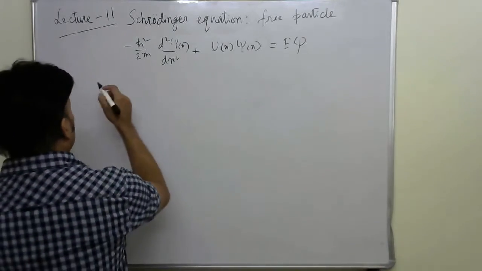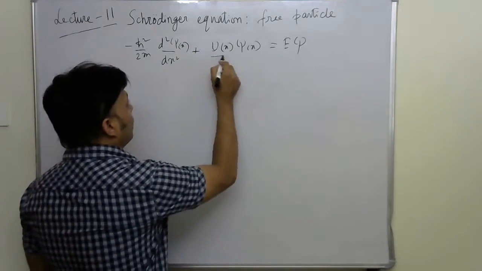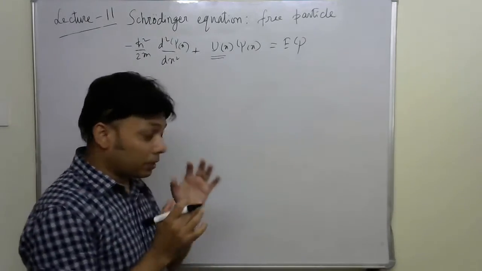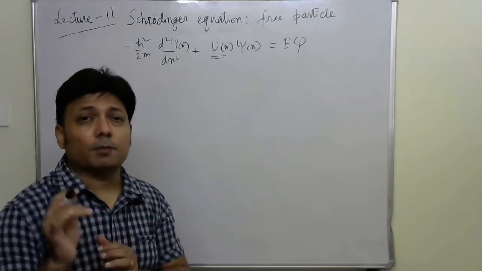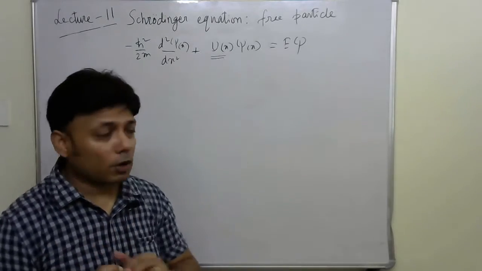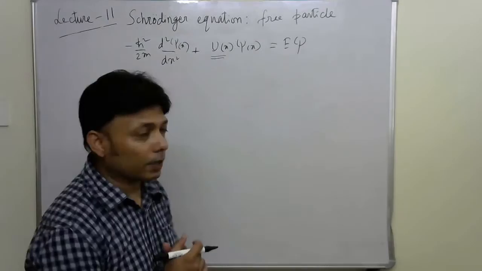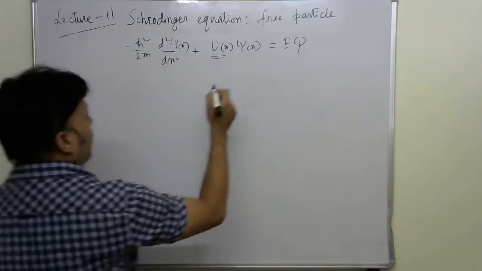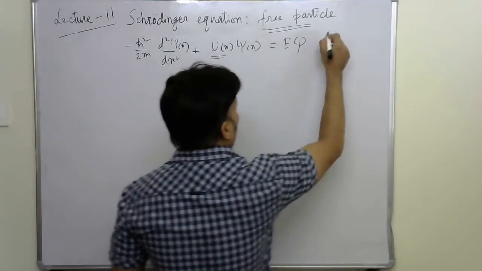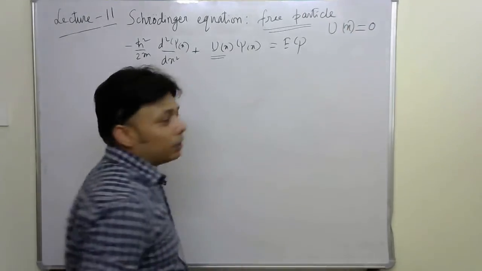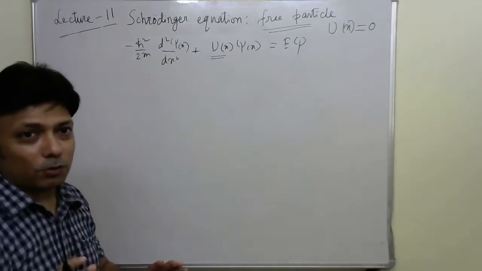As long as this particle has a potential energy, it cannot be considered free because it is under some restraining force. The definition of a free particle is one and only one where its potential energy U(x) is 0.